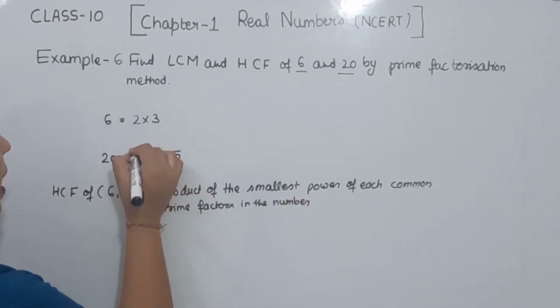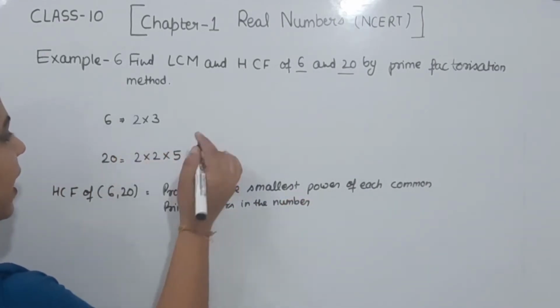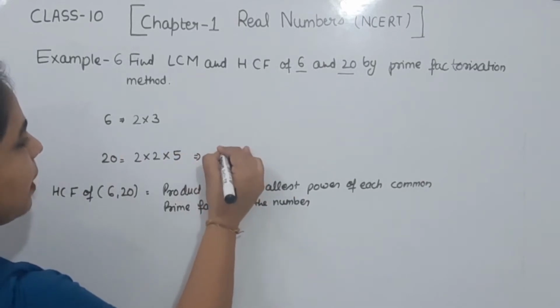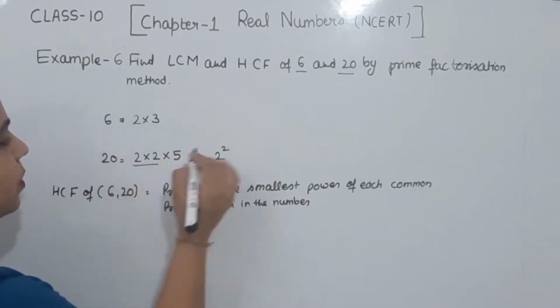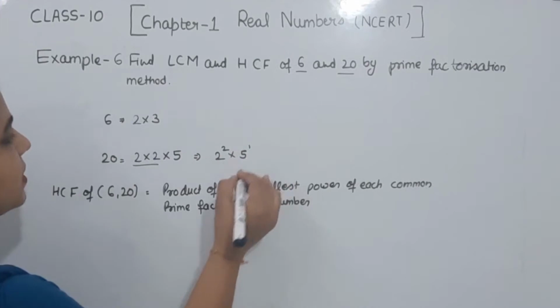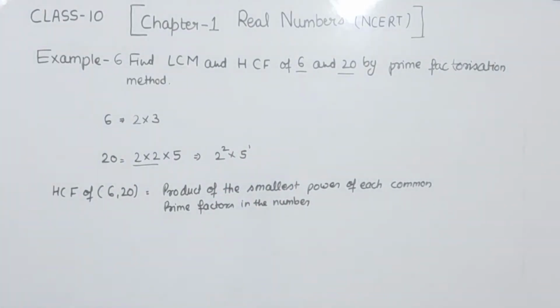So we look at the powers: for 2 we have the power 2 in 20, since 2 appears 2 times, multiplied by 5 as 1 time.